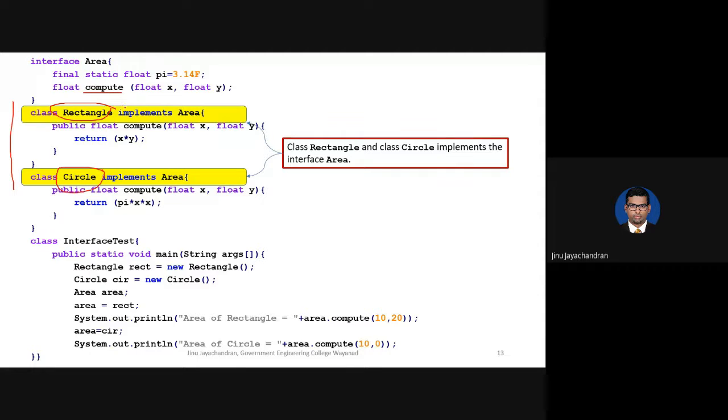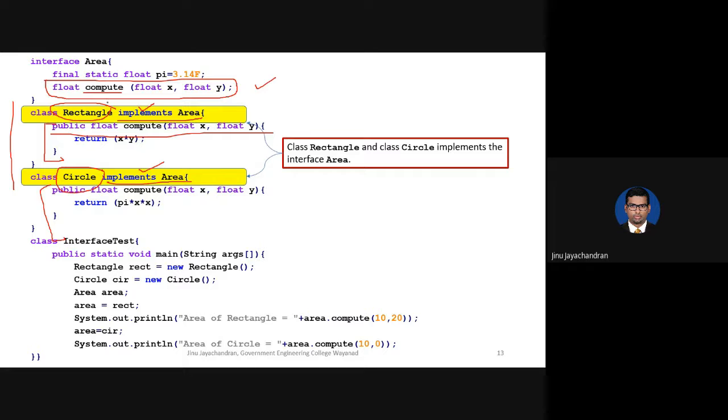So what you do is you say you implement area for both rectangle and circle. And once you implement the interface, whatever function is declared in the interface should be defined inside that class. Okay, I'll say it again. If your class is implementing any interface, which in this case is area, then that class should define the function which is declared in the interface.